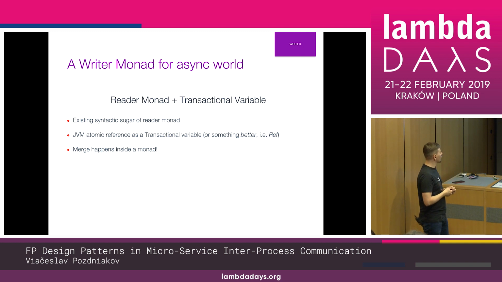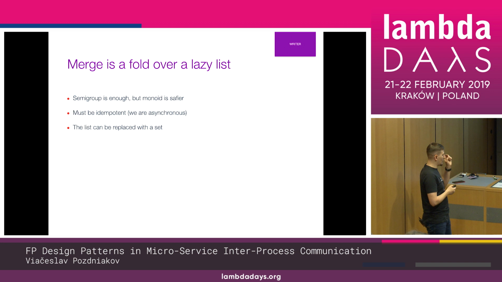And the good thing is that the merge of the context is happening inside of this reader monad. I, as a caller of this monad, don't really care about all these merges which are happening in the background.